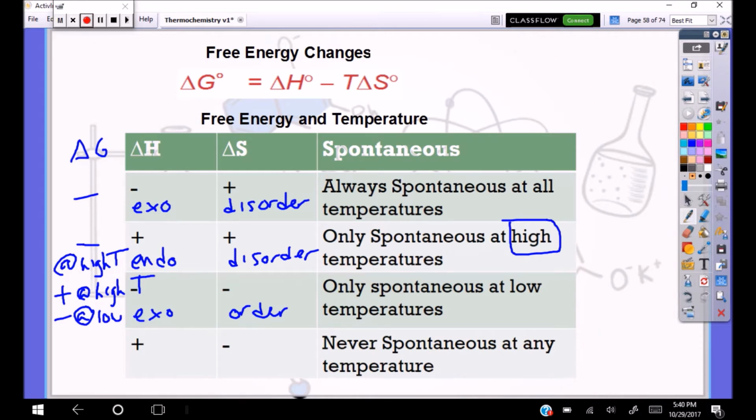And then you have endothermic reactions that create order, and those are usually non-spontaneous at any temperature. So you need some sort of assistance to make those reactions happen, because there's no way they're going to happen on their own.